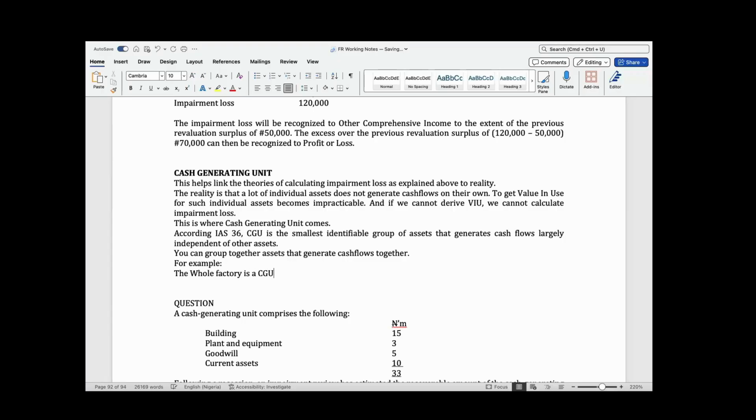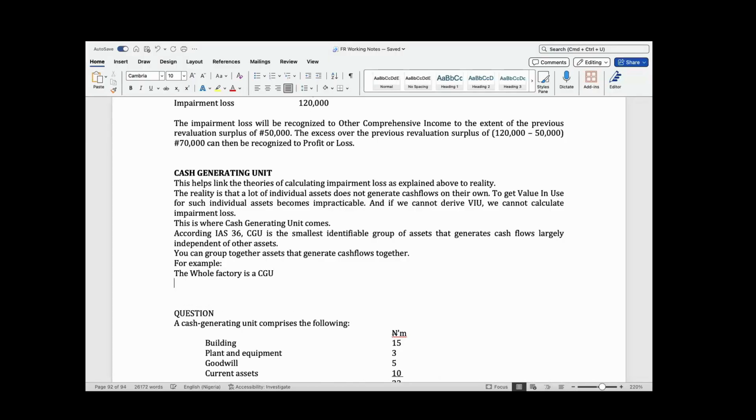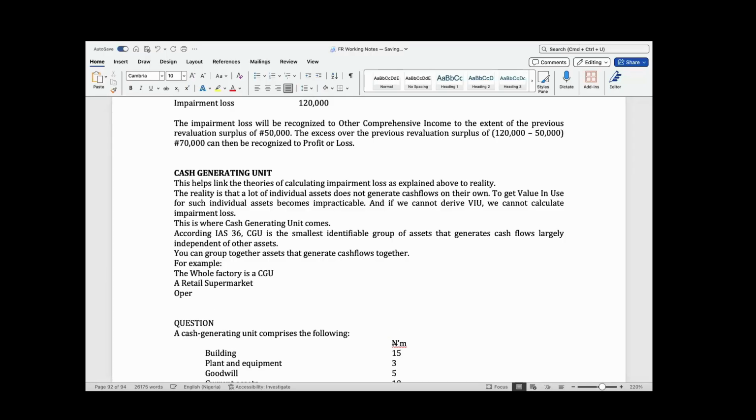So you can't take just one equipment, one production line. You need to look at the entire factory line. It can be a CGU, or maybe a retail shop or a retail supermarket. If you own a supermarket, you cannot say, this is my refrigerator or this is my generator. No, you need to look at the entire supermarket together and say, this is my CGU, or an operating segment.